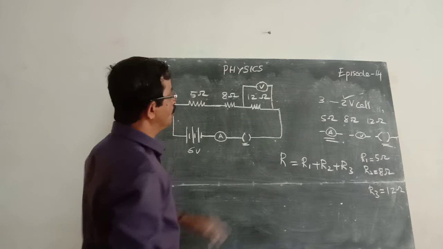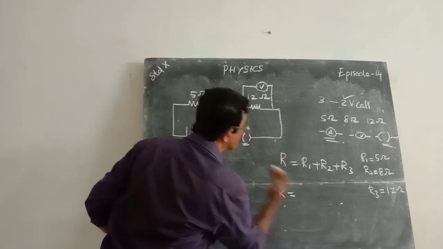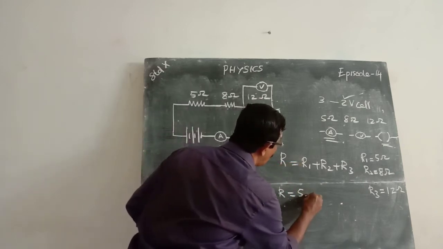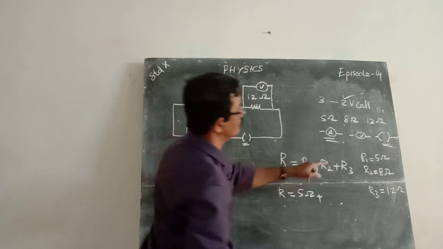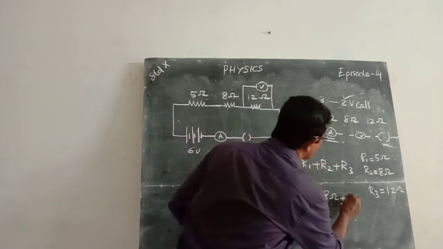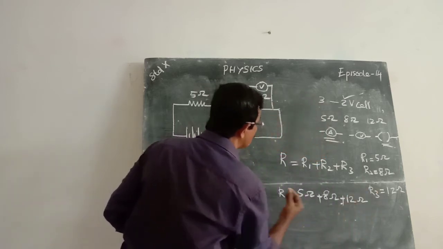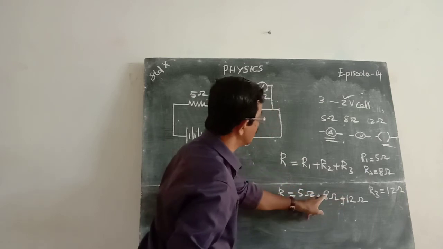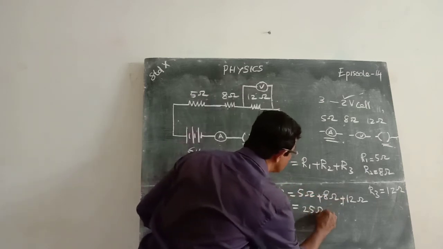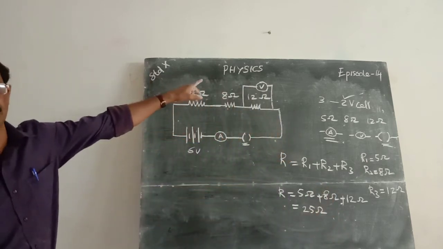Putting in these values, R is equal to 5 plus 8 plus 12. How much will it be? 5 plus 12 is 17, plus 8 is 25 ohm. This is the total resistance in the circuit.